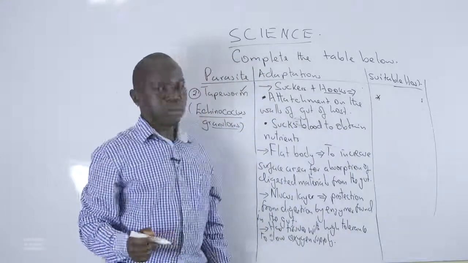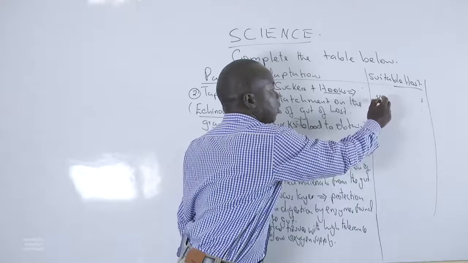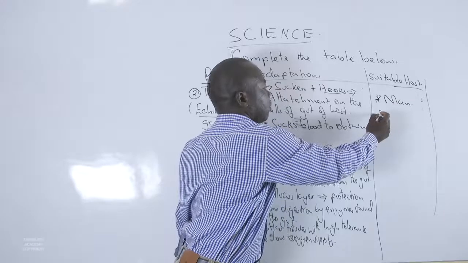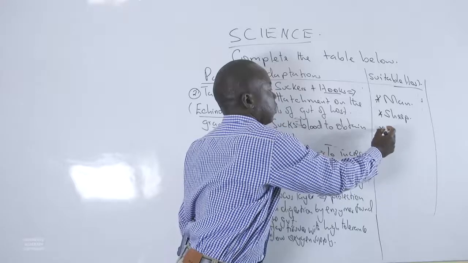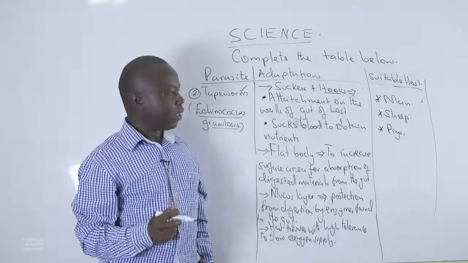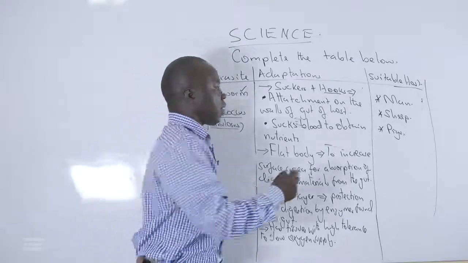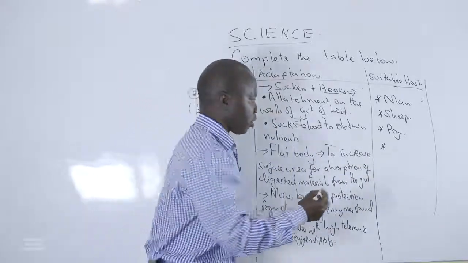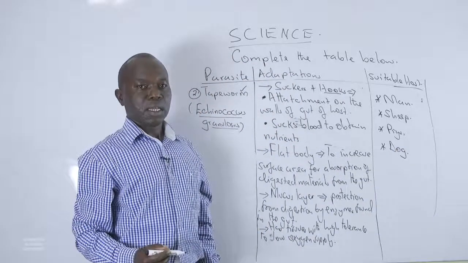So most common hosts of the tapeworm include most of the mammals, include man, include sheep, and the pigs. Now, from our life cycle of tapeworm, you realize that we also have the most important host, the dog, which forms the primary host.